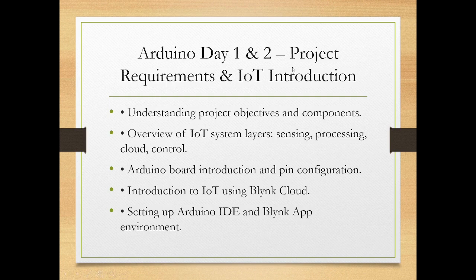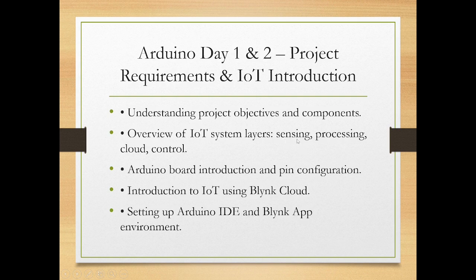Overview of IoT system layers: sensing, processing, cloud control. IoT is an embedded system where the hardware and the software are connected together to make something for the real world.